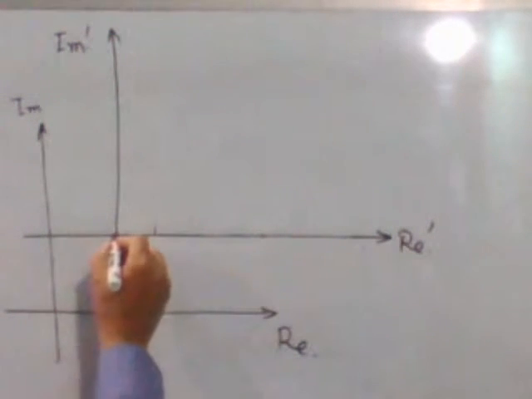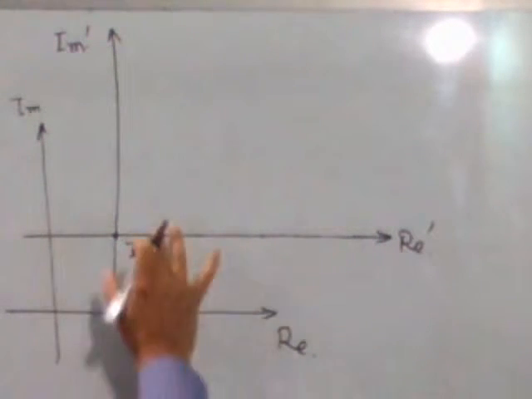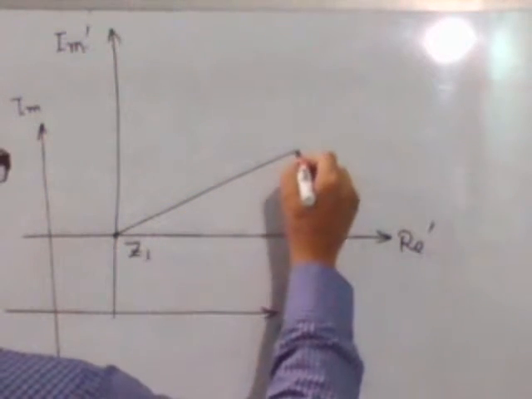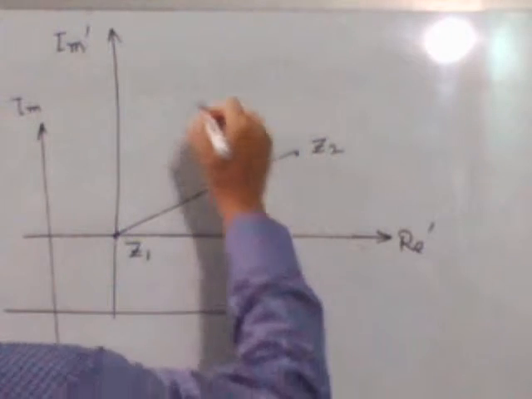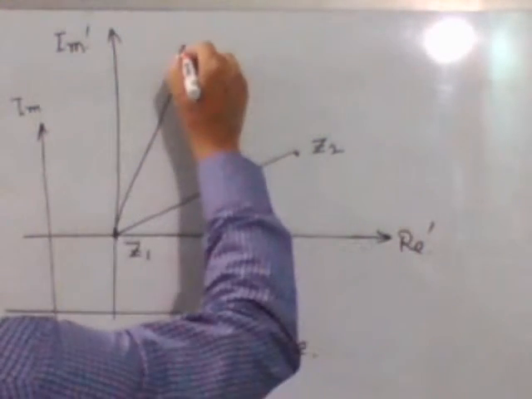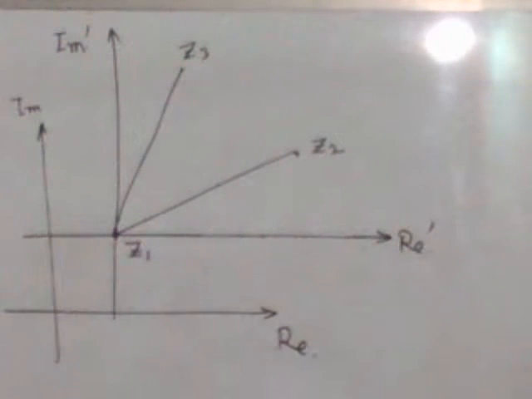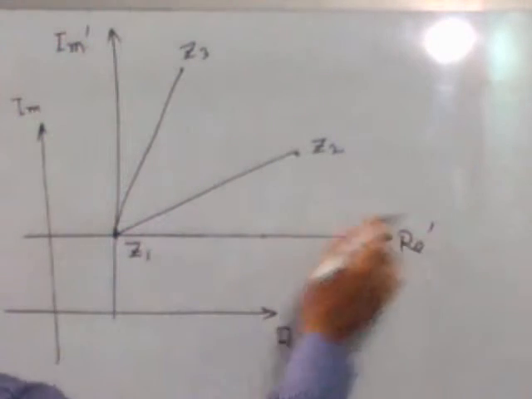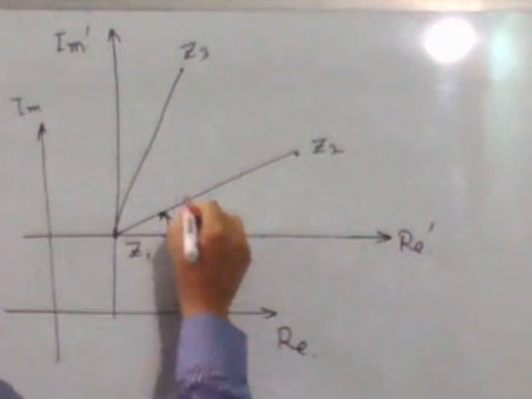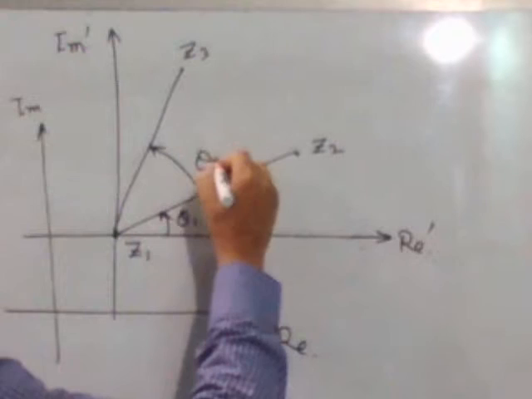Let us suppose here is a point which is represented by Z1, and here is another point which is Z2, and here another point which is Z3. Now suppose with this real dash axis, this is making an angle theta 1, and this one is making another angle, that is theta 2.